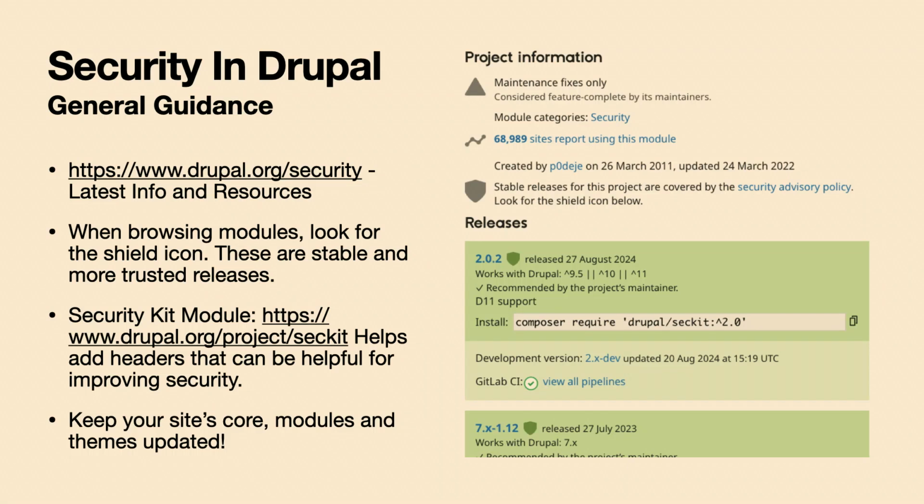I'm not a member of the security team, so I don't know all the details, but that's my understanding. And those are supposed to be designed by the developers of the module to be very stable, or as stable as possible. Trusted releases, they're not a beta or an alpha or something like that.